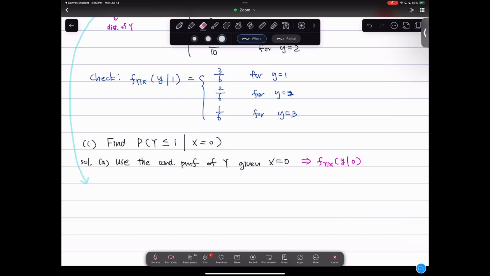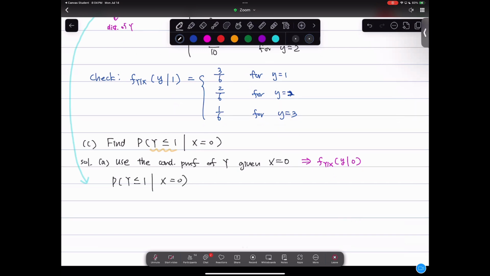So I want to know the y value less than or equal to 1. What it means is the probability that y is less than or equal to 1 given x equals 0.